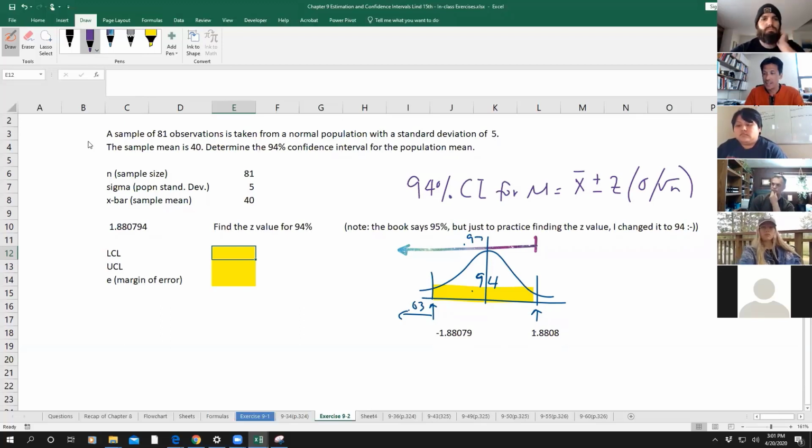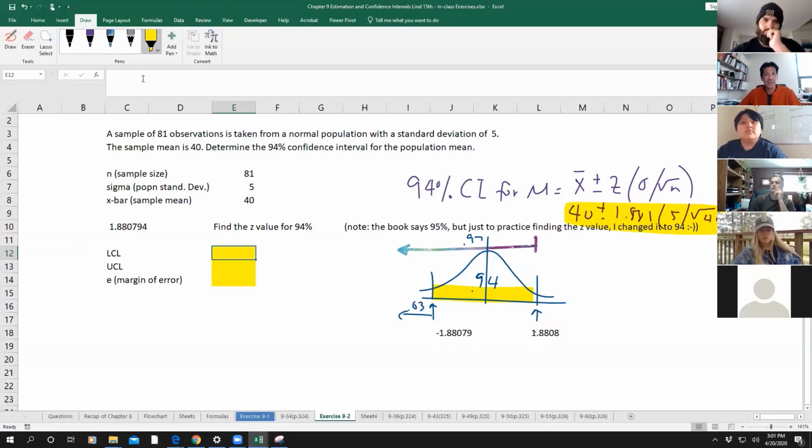So which is, you have 40 plus or minus z, which is 1.881, we can round it up, times sigma 5 over the square root of 81. So that's the formula for computing the upper and lower confidence limit.